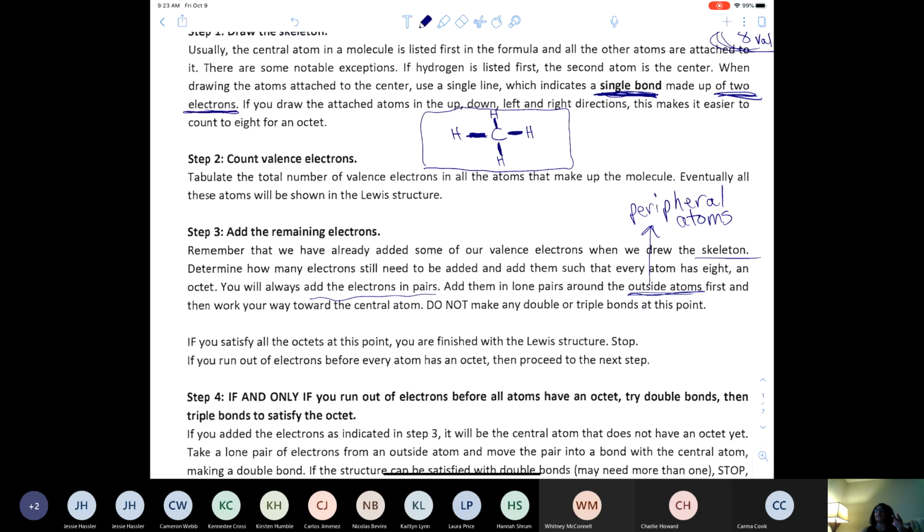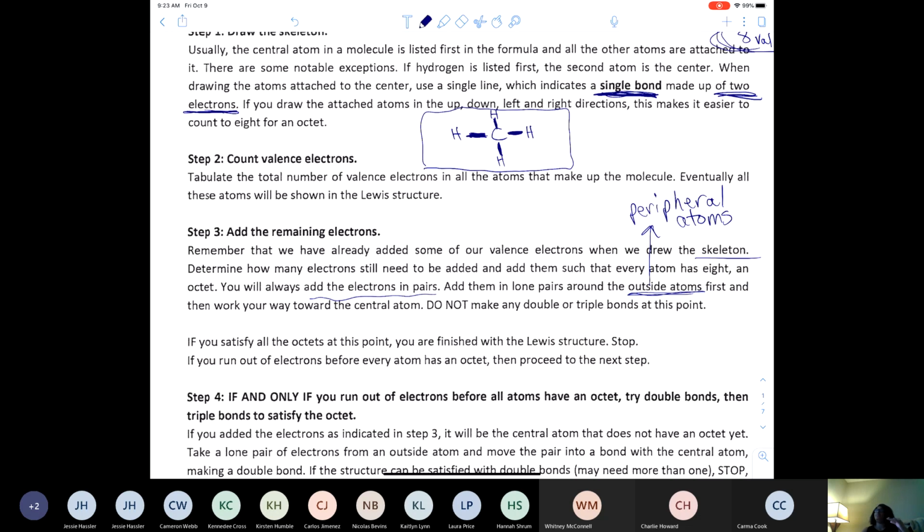Each lone pair is 2 electrons, and if you have 3 sets, that means a total of 6 electrons around each peripheral atom, giving them a total of 8 electrons around them, so a total of 8 valence electrons in their valence shell.